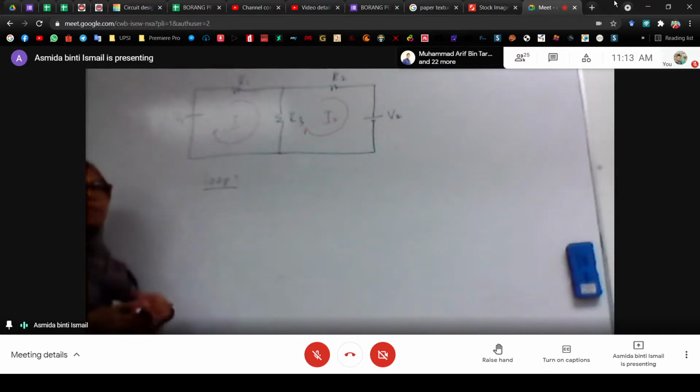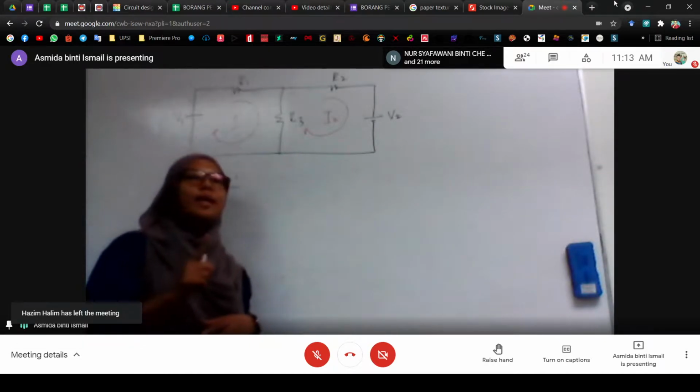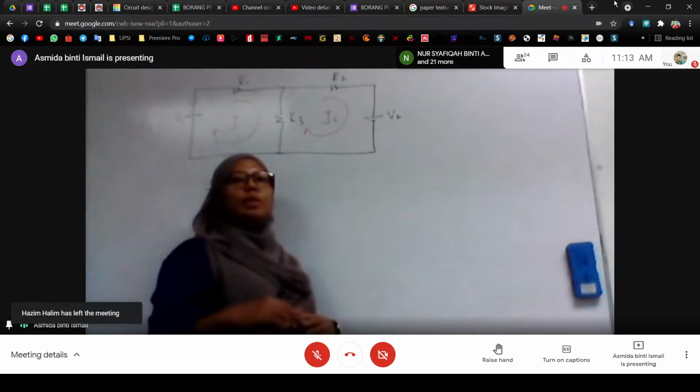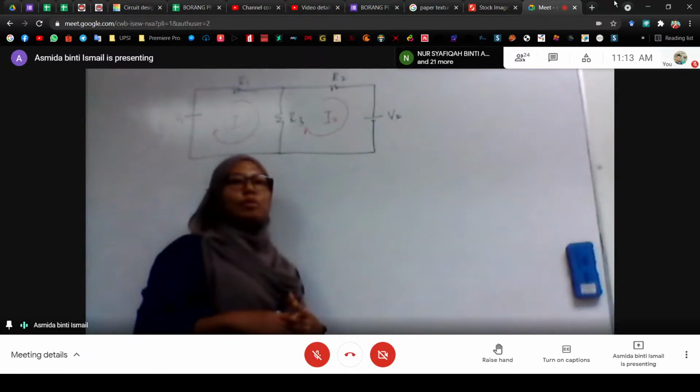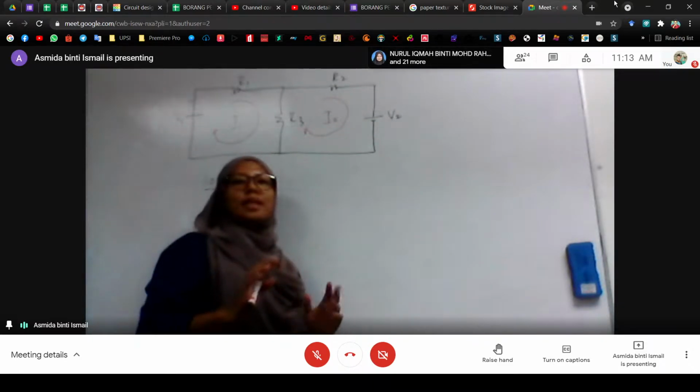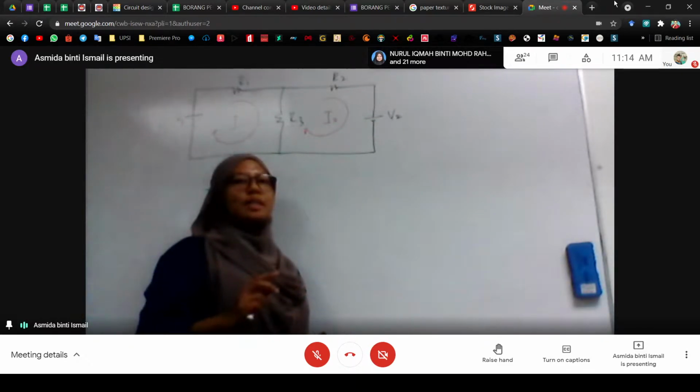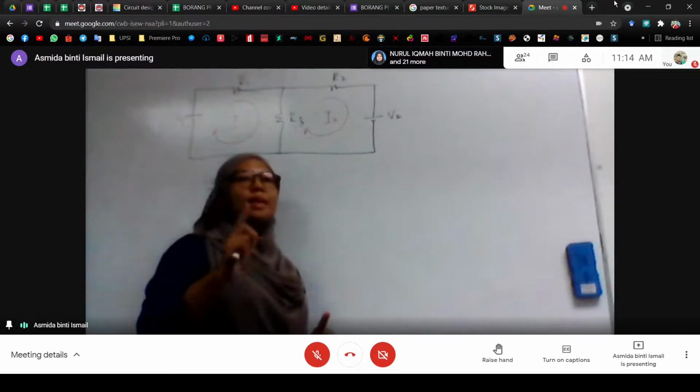So from that we can find the equation. I just show you one way to produce the equation. Saya tak nak tunjuk awak banyak-banyak sebab nanti awak confused. So I just tell you one method.